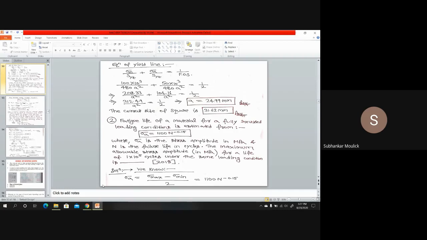That is the equation of the yield line. Again, SYT is given in the problem, that is 480 megapascal. Sigma m and sigma a we have already calculated, and FOS is given. Just substitute all these values and get the value of A. So your side of the square A is 24.99 mm.